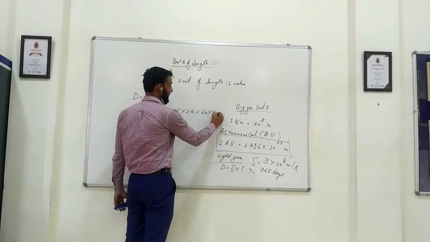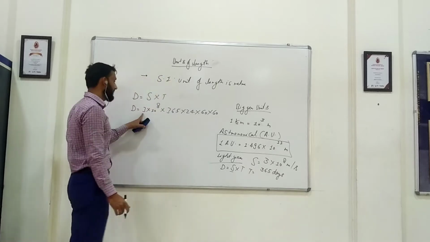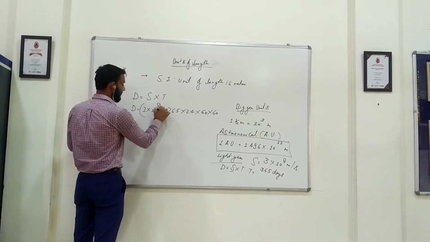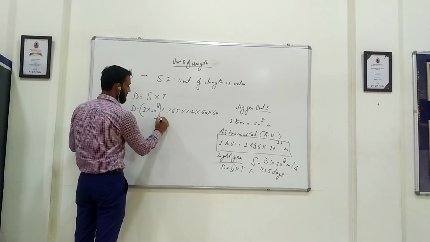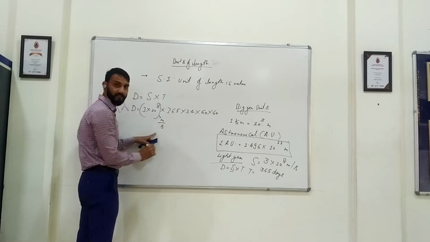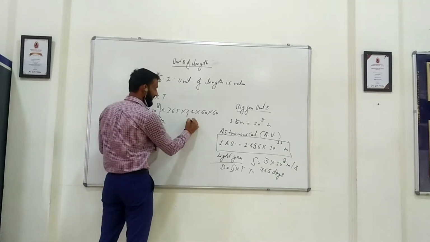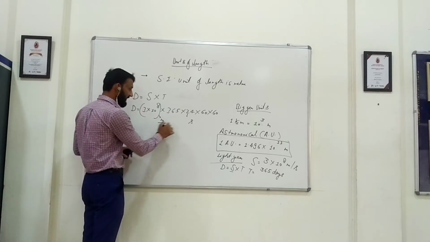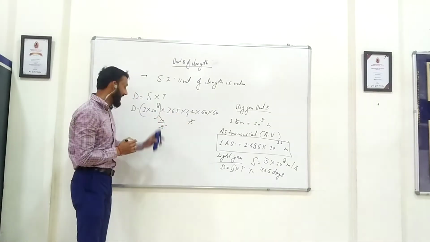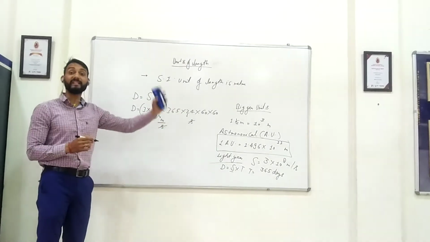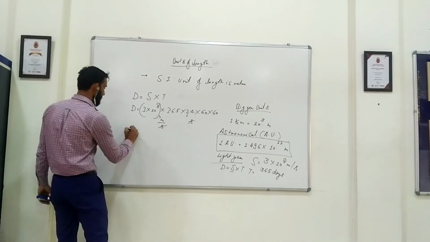Into 60. Now the unit of speed is meter per second and the unit of time is second, so this second will get cancelled by this second. So our answer is coming in meters.